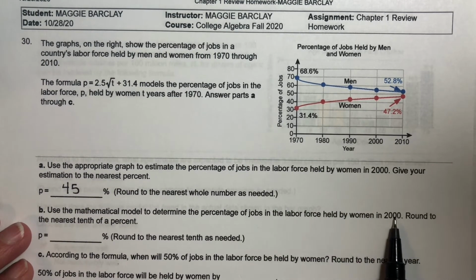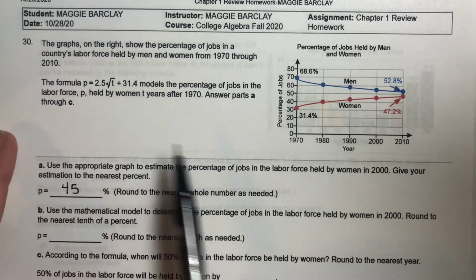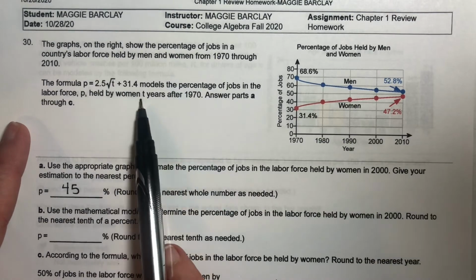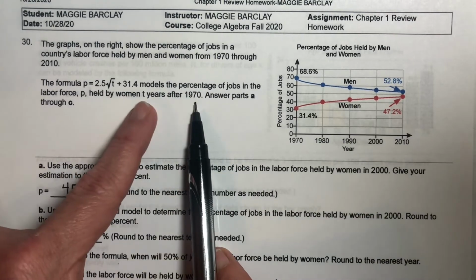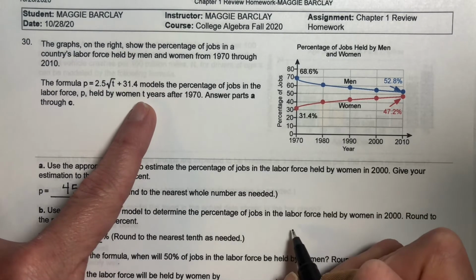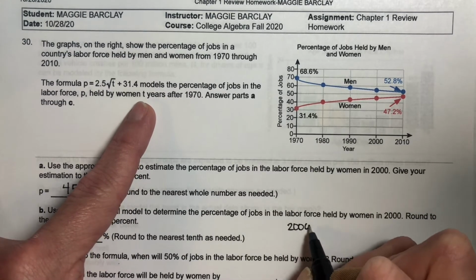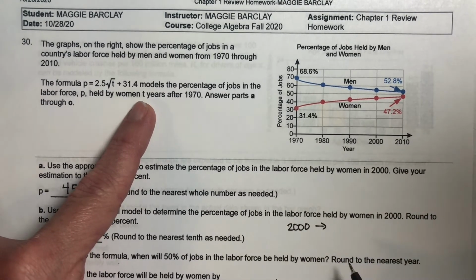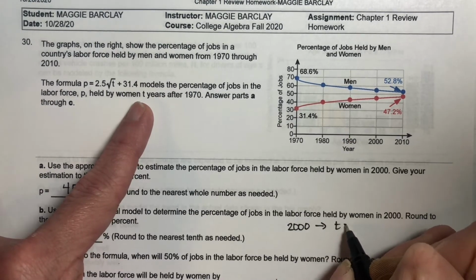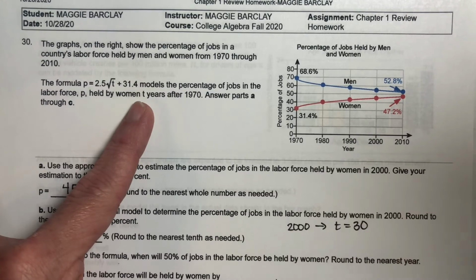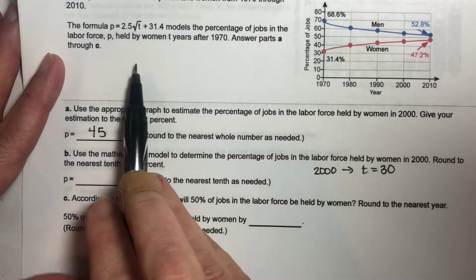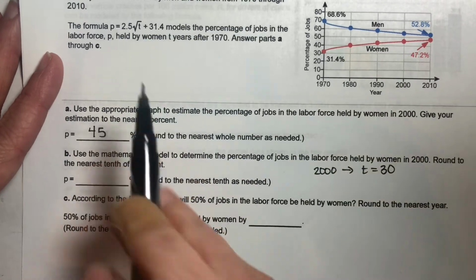All right, so 2000, well, I have P, which is the percentage, and T is the number of years after 1970. So if I'm talking about the year 2000, that is 30 years after 1970. So this would correlate with T equal to 30. So I'm going to plug 30 in for T right here.